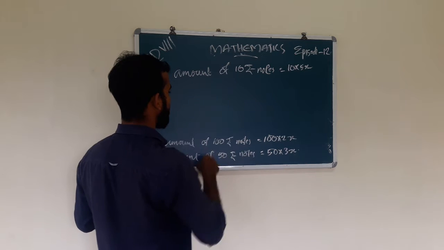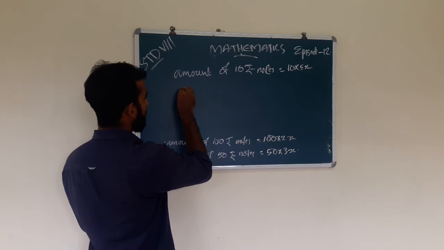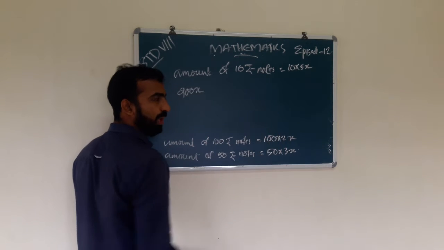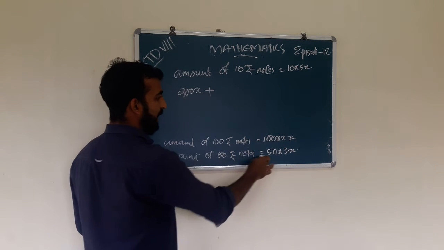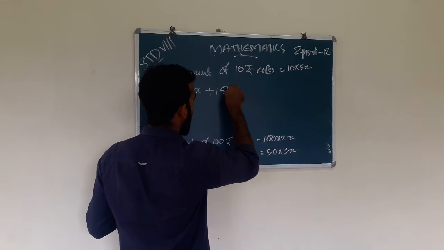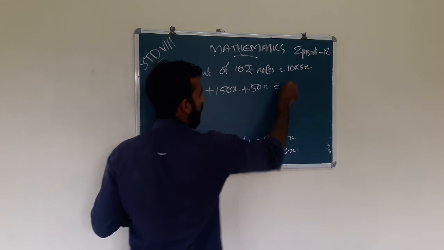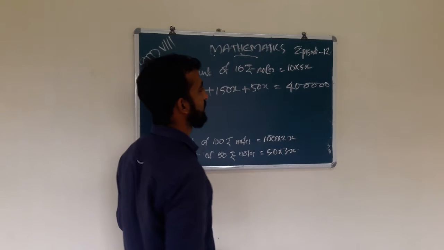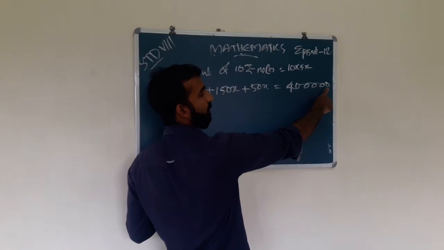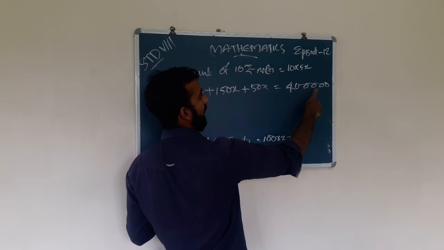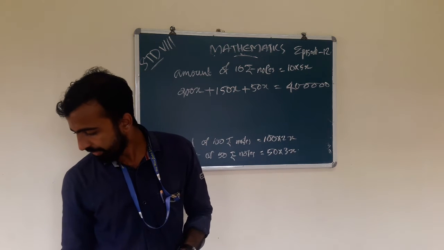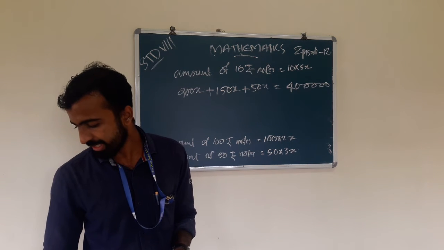That means the total amount is 100 into 2x, that is 200x, plus 50 into 3x, that is 150x, plus 50x, equal to 4 lakh. Yes, 4 lakh is right.